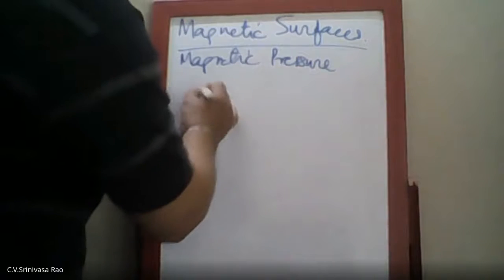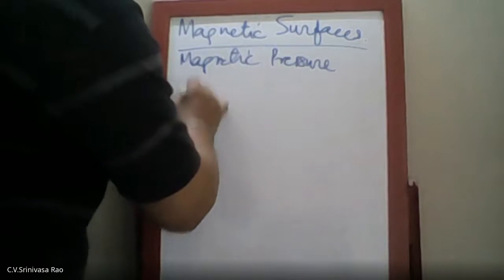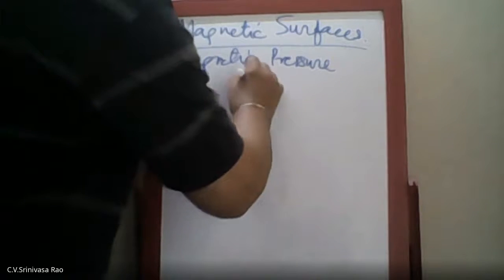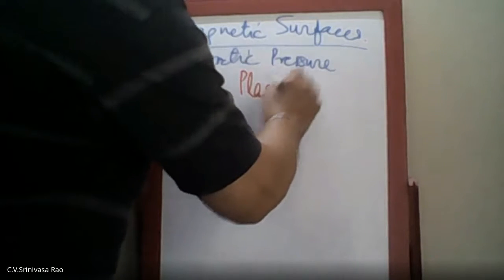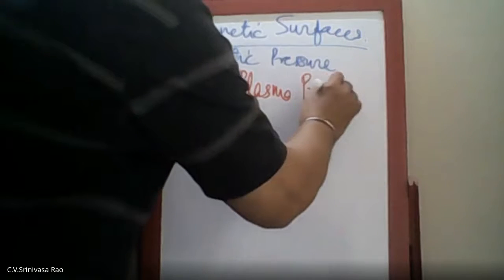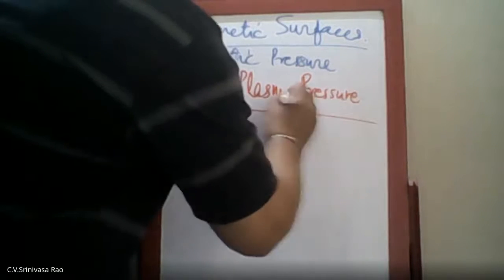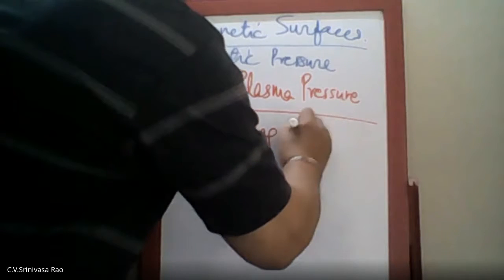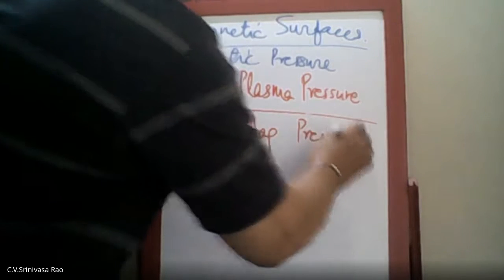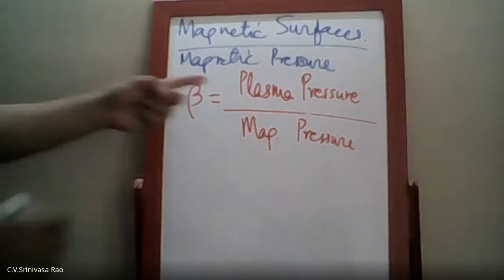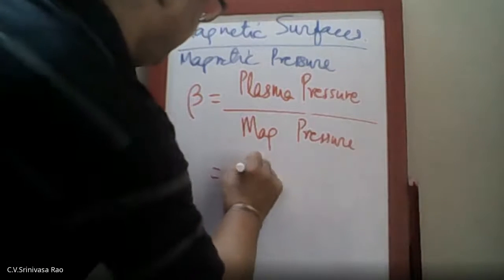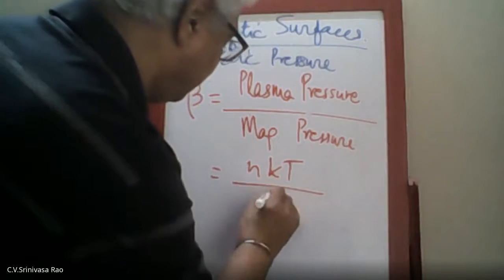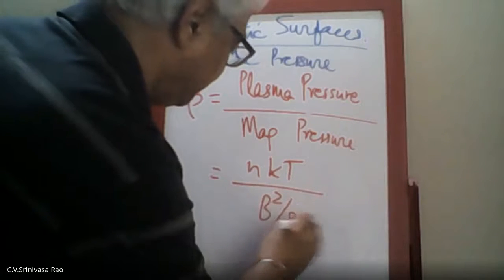Related to this, there's another quantity called beta, which is the plasma pressure divided by magnetic pressure. Plasma pressure is what? n k T, divided by B squared by 8 pi.